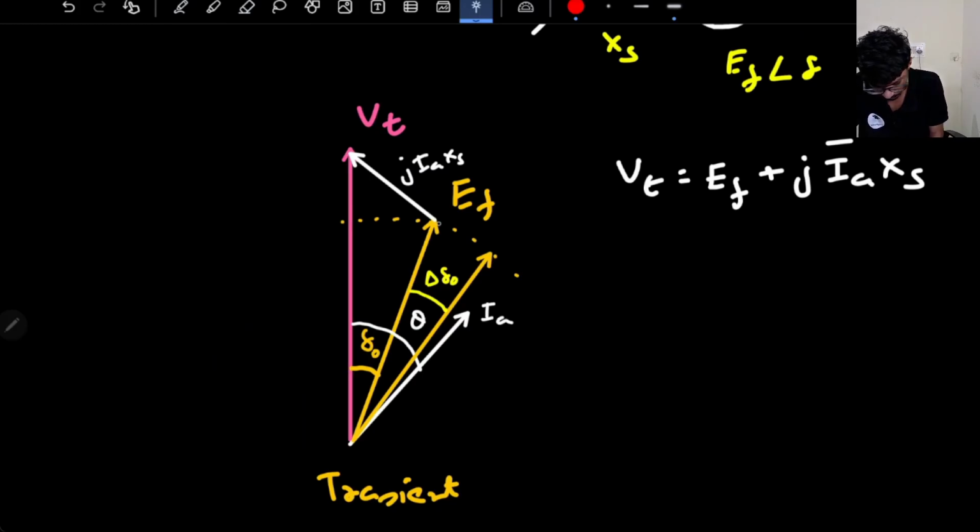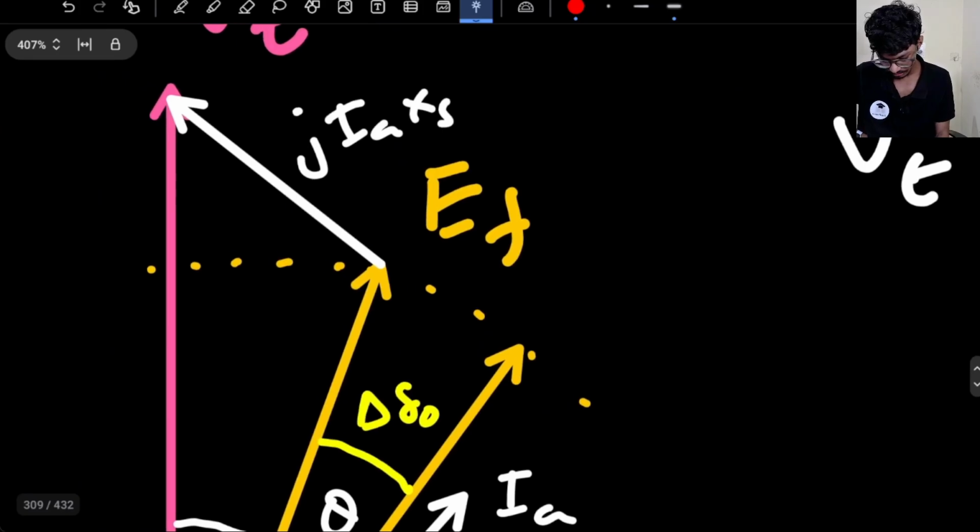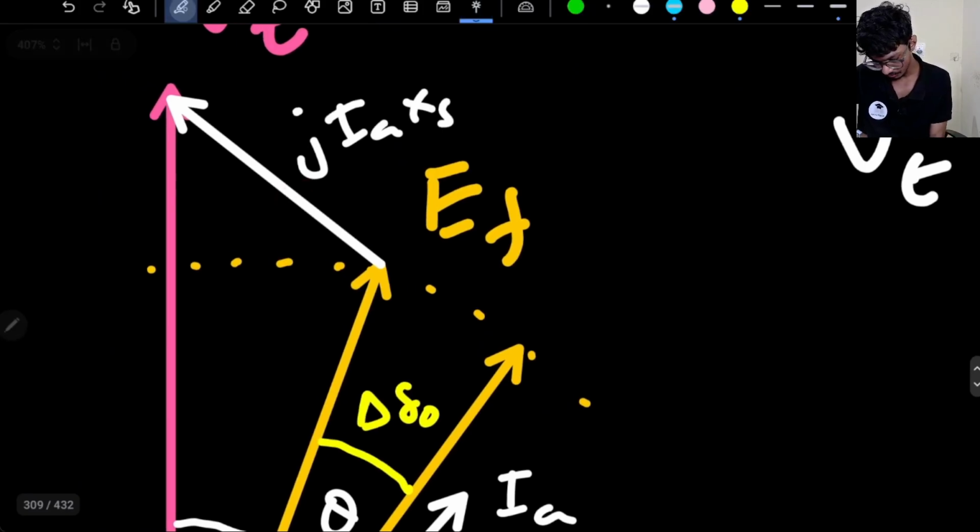So what will happen here? The magnitude of IA will increase, right? Because previously this much amount of IA current was required, but now this much amount of IA current is required. So it is greater. So how much is the additional current? Who will provide that? Synchronizing current. So now a new line will be drawn.